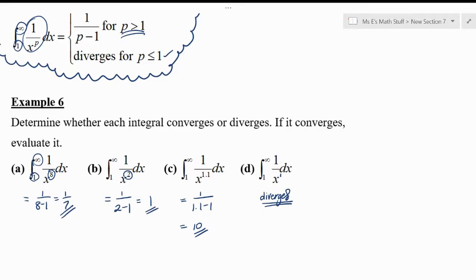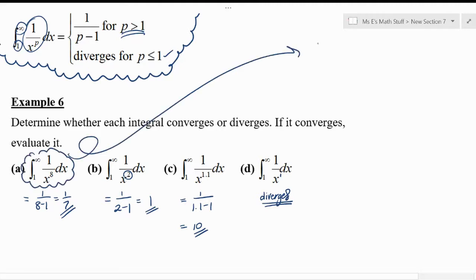All right, before we call it a day here, I did want to at least demonstrate one of these to show why the rule that you see here, where the answer is 1 over p minus 1, actually makes sense. So I think I'll maybe use part A here. So let's say you did part A without the shortcut.